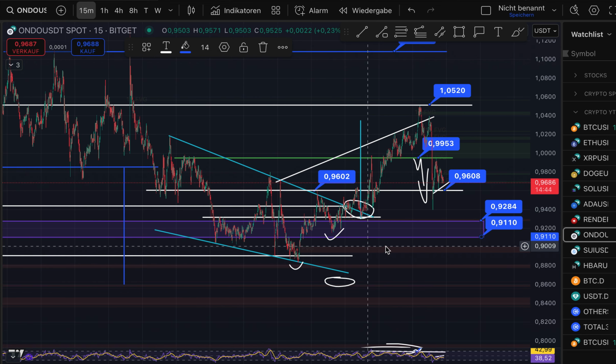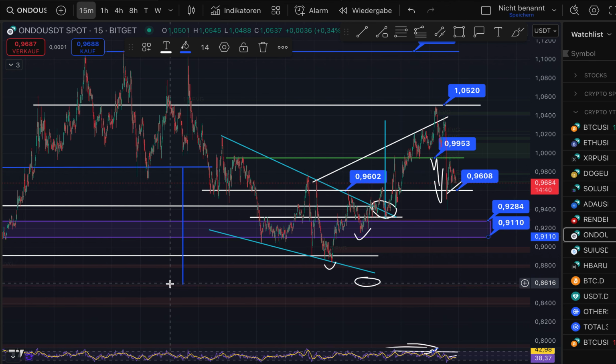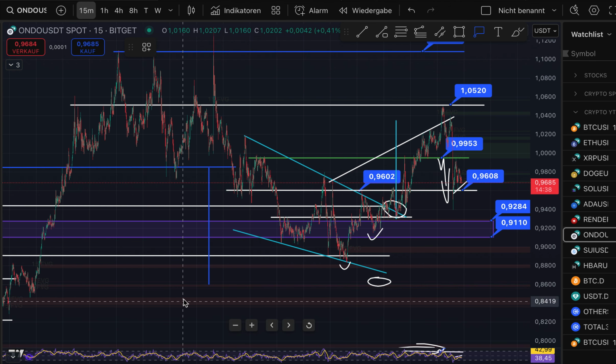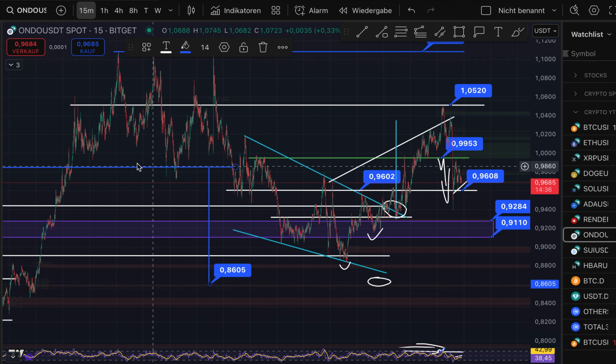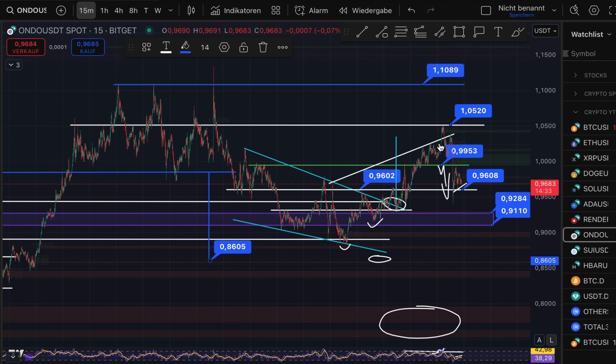There I would see if we also lose it, then we should get into the target. 86 cents. I will also put you here a price mark with a very high chance, which was from our, I would say double top pattern, triple top pattern. That's the target of the triple top pattern, which broke to the downside, and we didn't invalidate it, the target yet.